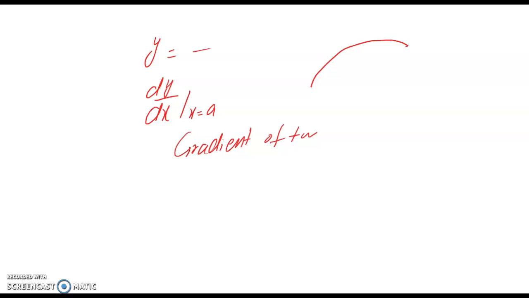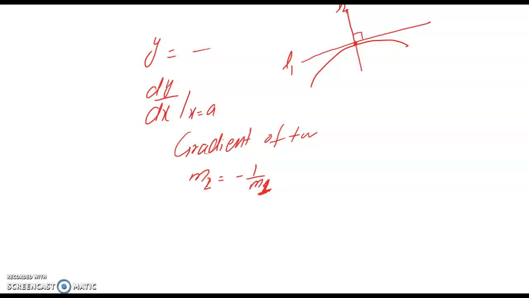There is a tangent on the curve, and the normal will look like this, exactly perpendicular to it. Since these two lines are perpendicular, their gradients are negative reciprocals of each other. Let's say this was L1 and this is L2, so the gradient M2 will be the negative reciprocal of M1.